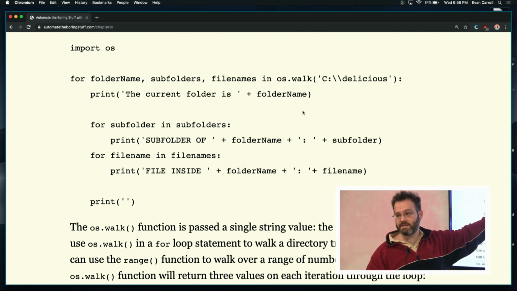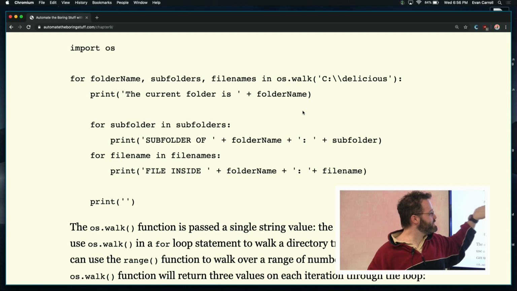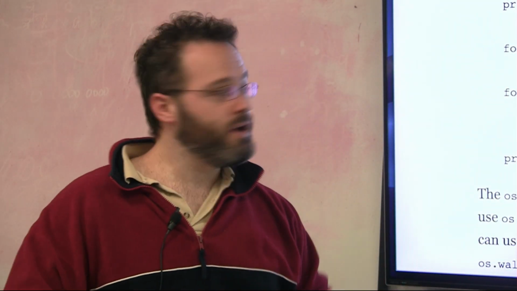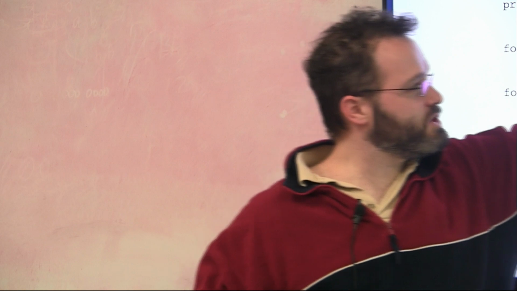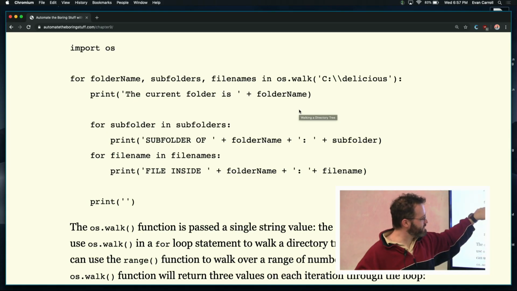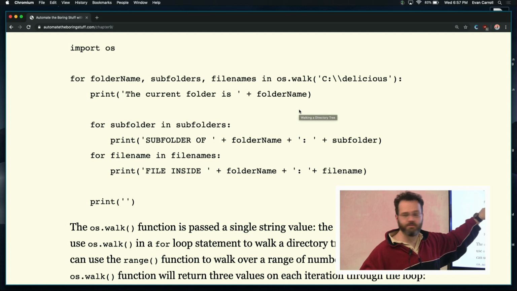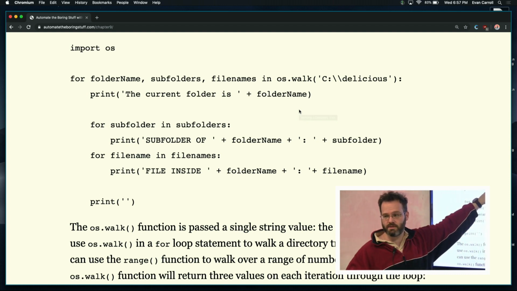Python talk. It's a list. And we know it's a list because we can say here for subfolder in subfolders, right? So we can iterate through that too. So we're essentially iterating through each different thing os.walk returns, and then we're iterating inside of that for each different subfolder in the array that os.walk returns. Okay?